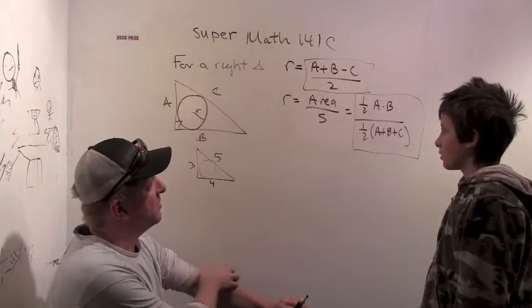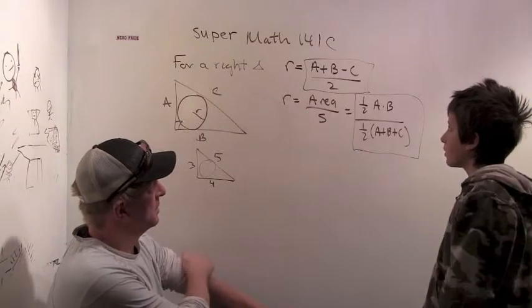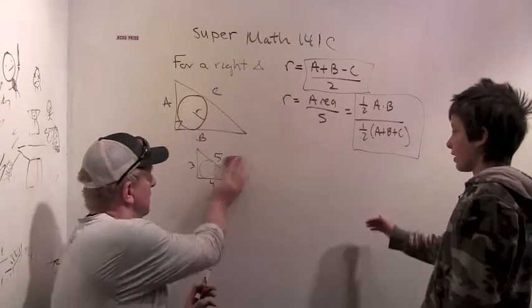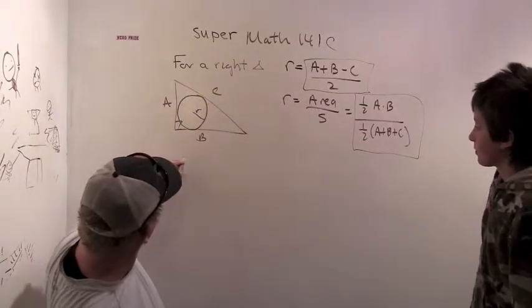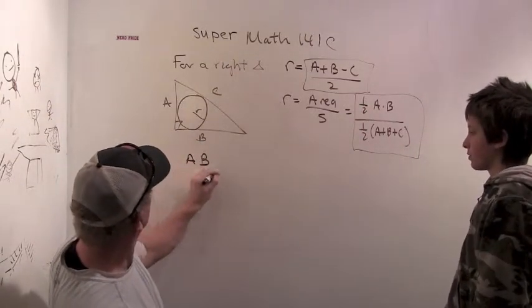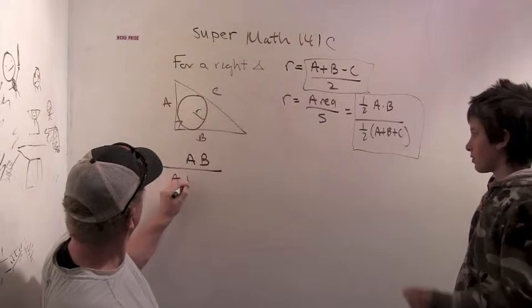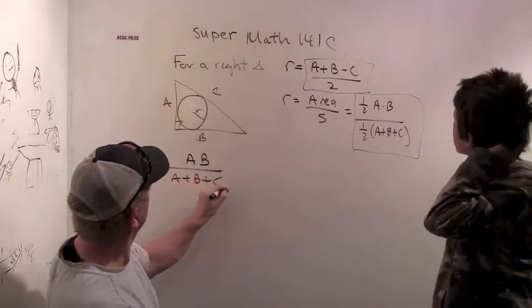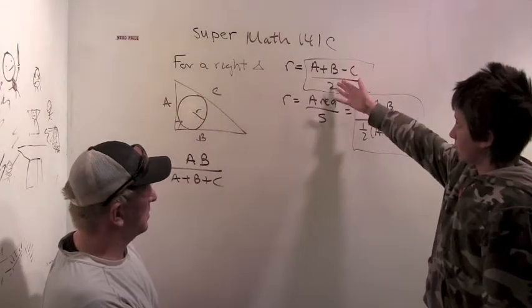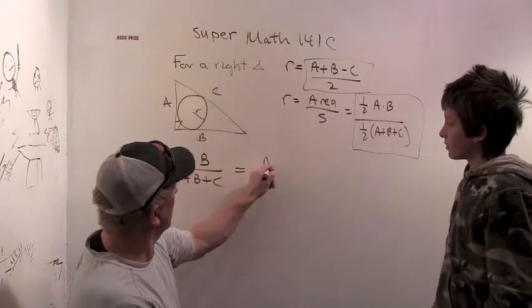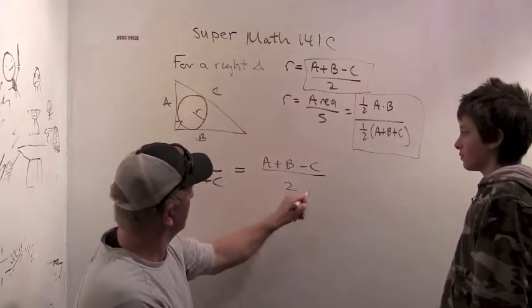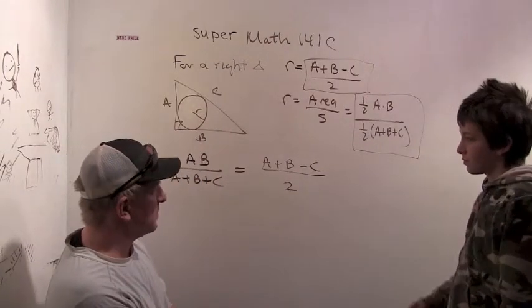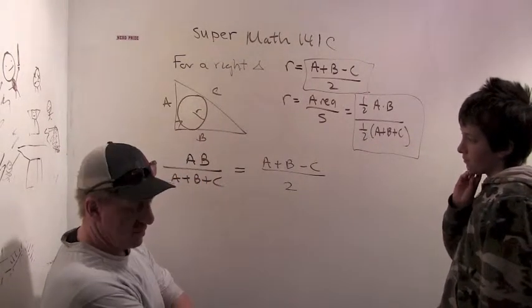So what do you think we need to do here? Well, we could simplify this formula. We can cancel a half. So we would get A B over A plus B plus C equals A plus B minus C over 2. What would you do next?